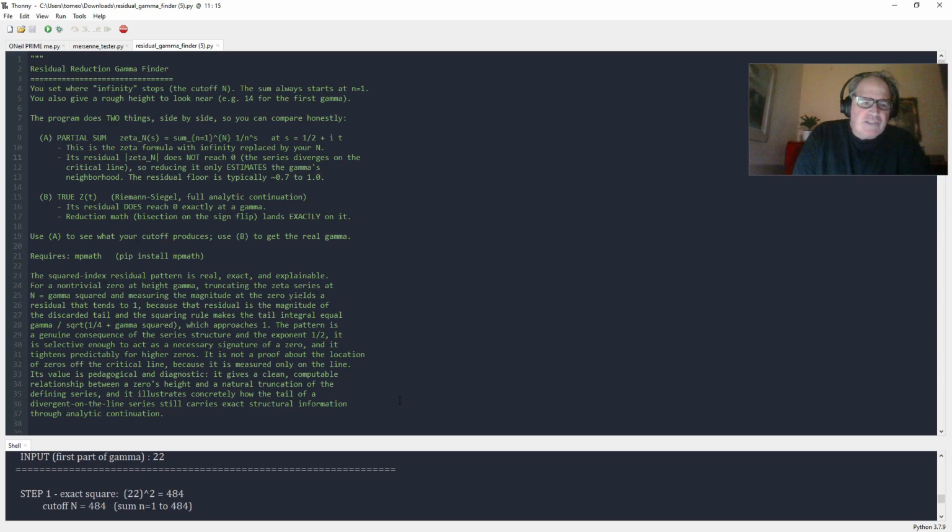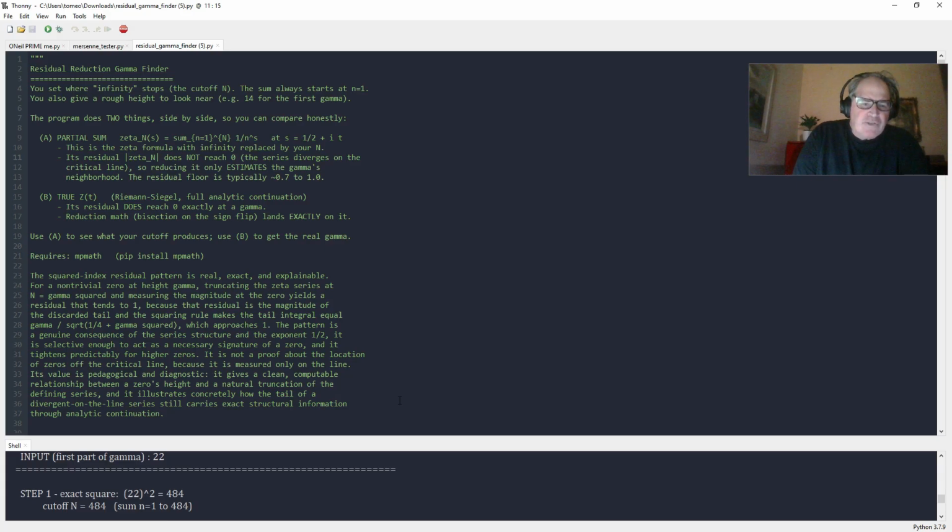The pattern is a genuine consequence of the series structure and the exponent 1/2. It is selective enough to act as a necessary signature of a zero, and it tightens predictability for higher zeros. It is not a proof about the location of zeros off the critical line.